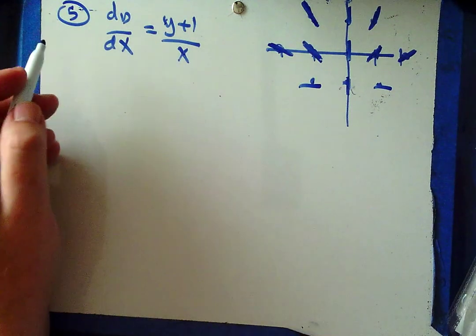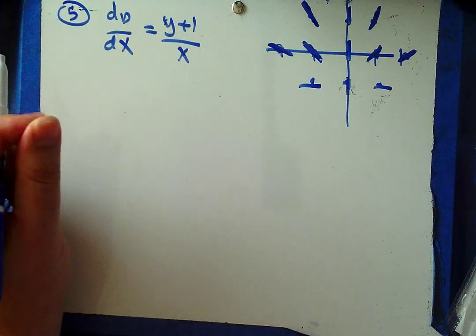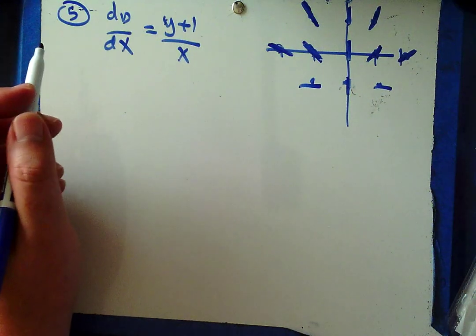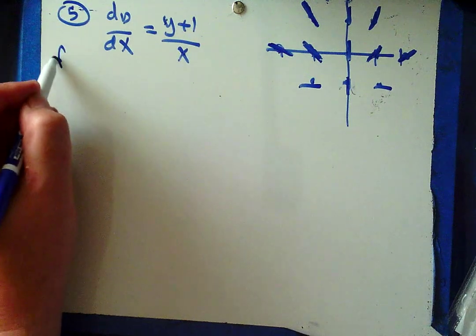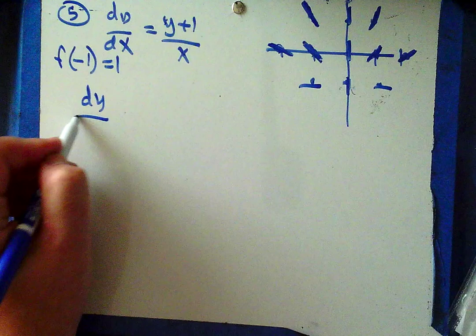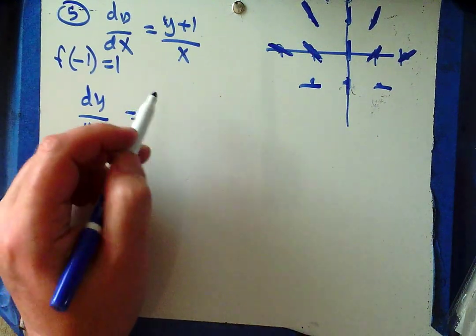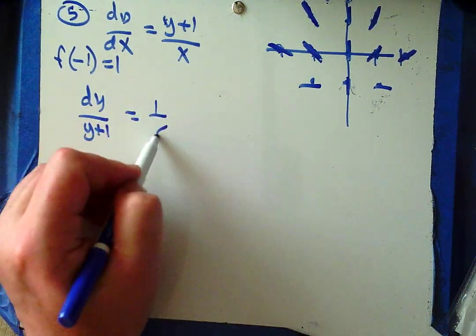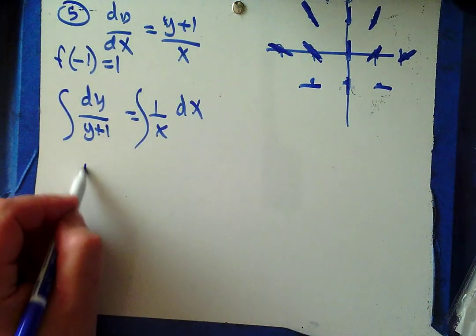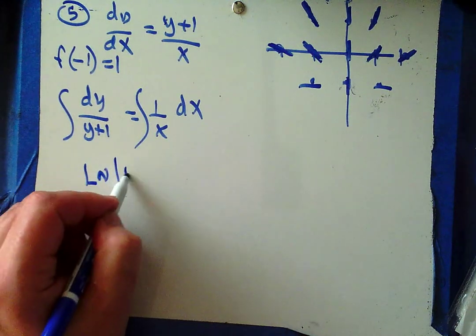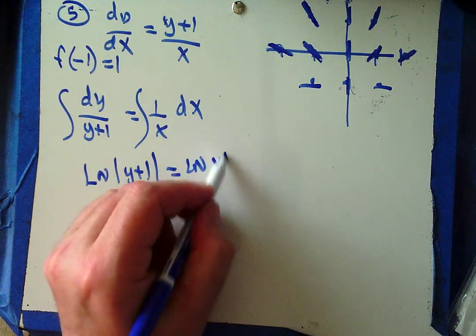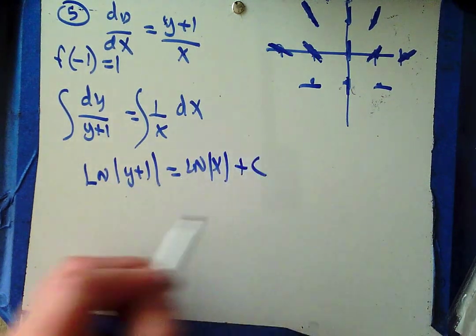And part B says find the particular solution. Well, this only has B parts when f of negative 1 equals 1. Okay, so we've got dy over y plus 1 equals 1 over x dx, and we integrate both sides, we get ln of |y plus 1| equals ln of |x| plus c.